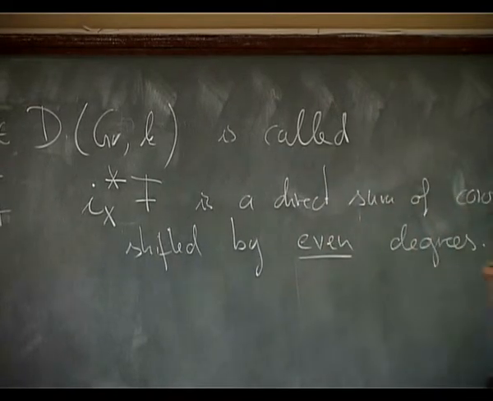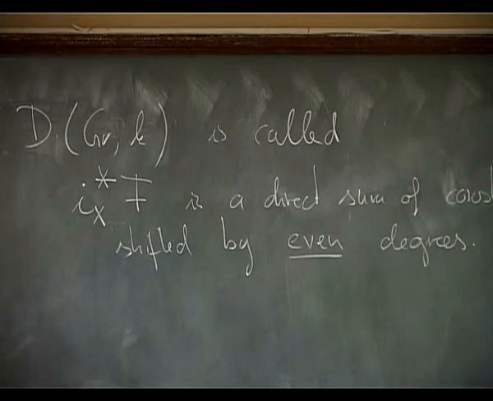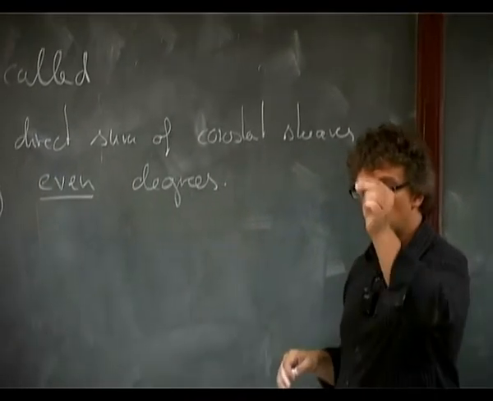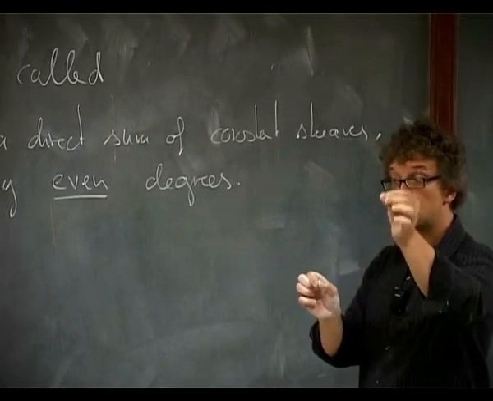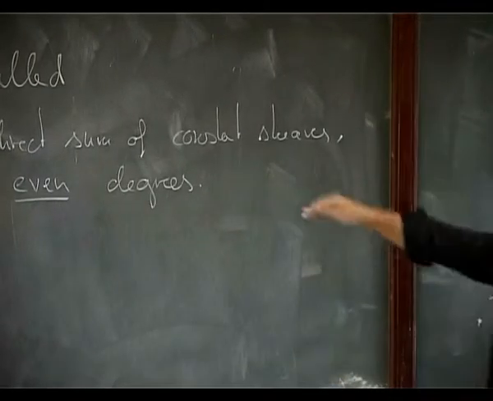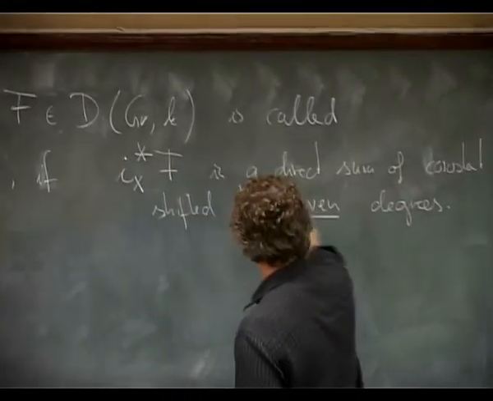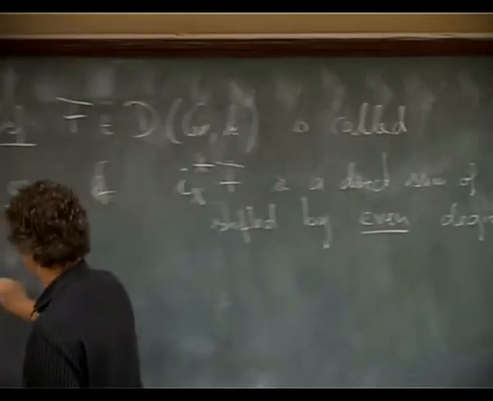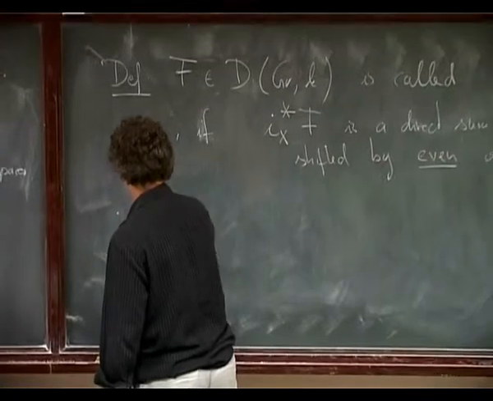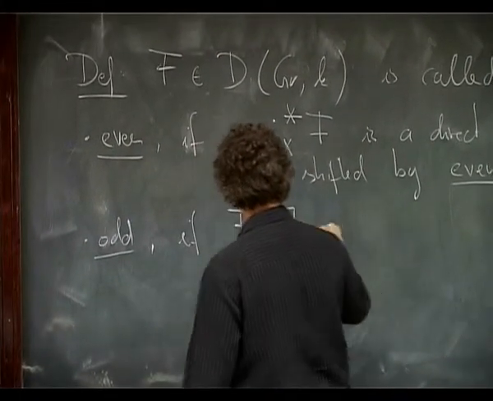degrees. I mean, every element in the derived category can be represented by a complex. And what I'm saying here is it's a direct sum of trivial complexes that only have an entry at one point in even degrees. It's a direct sum of constant sheaves shifted by even degrees. It's odd if the shift by one is even.